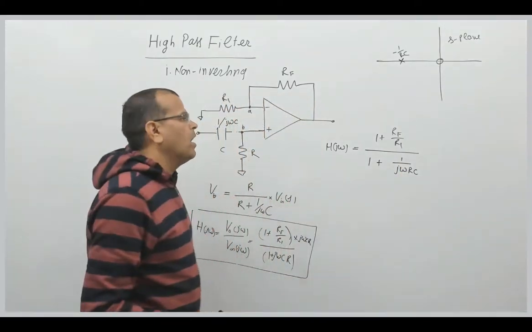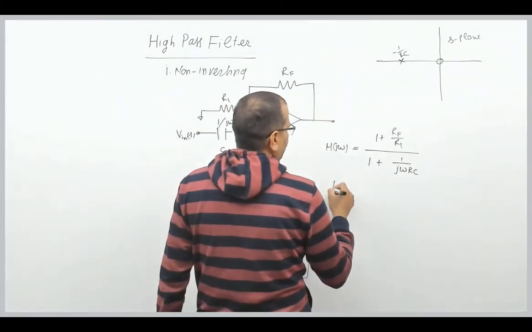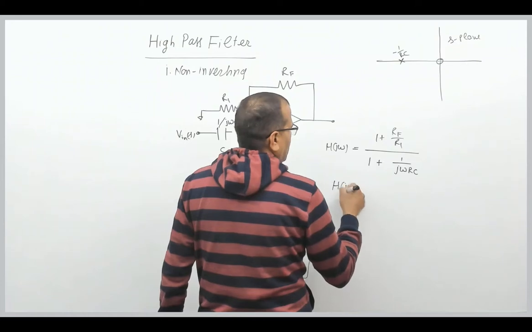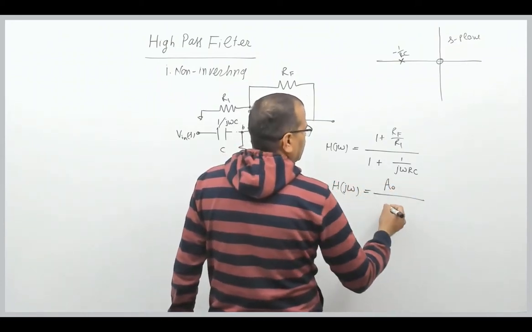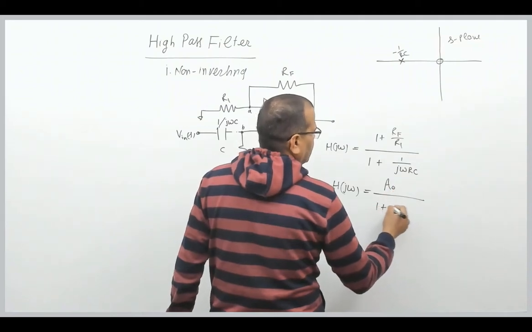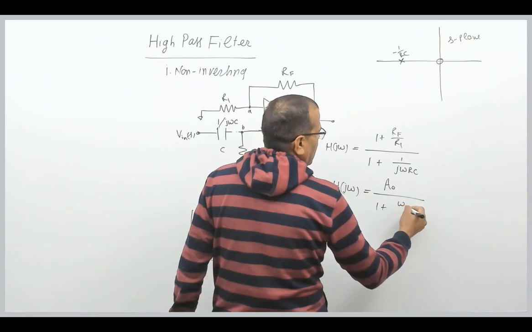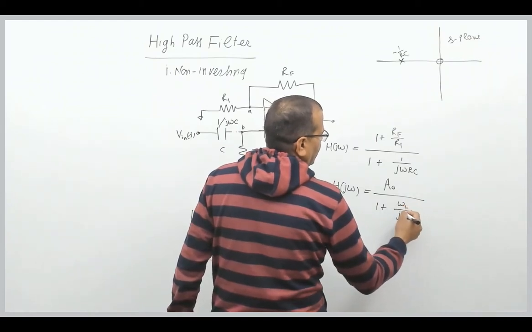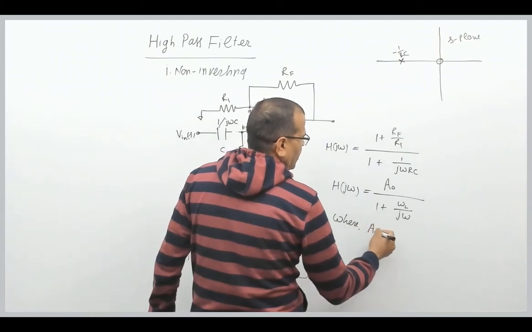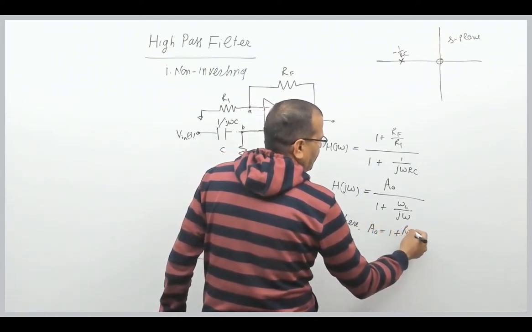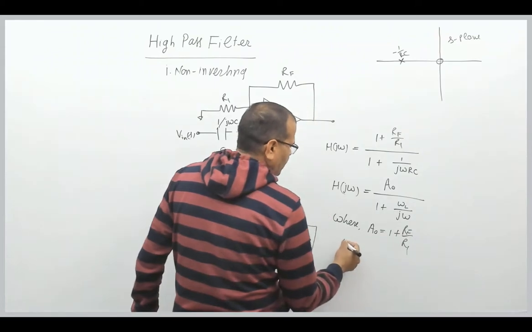That's it, right? So you can see H of J omega equals A naught times 1 plus omega L divided by J omega, where A naught is nothing but 1 plus RF by R1, and what is omega L?